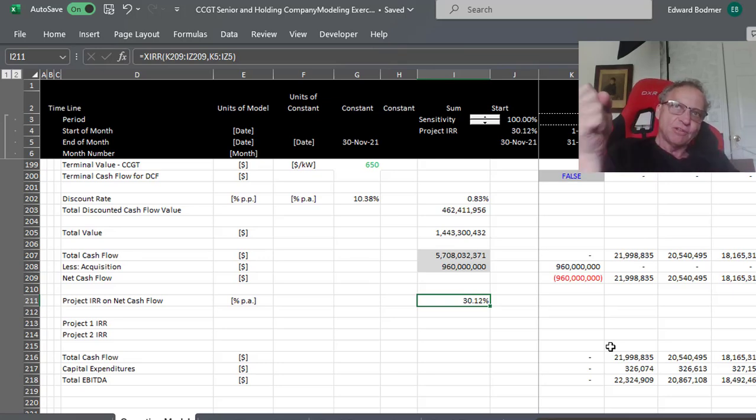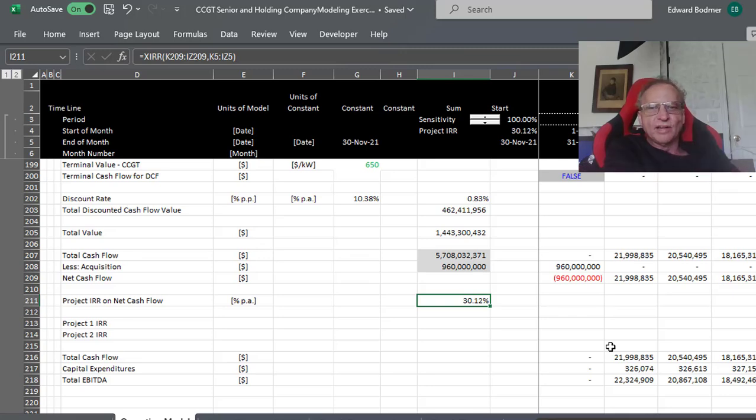And you ask if you have a viable model. If the project IRR was only 3% because those O&M expenses were so crazy, you say, this is not a viable investment. We could stop here because no matter what kind of debt we put in, we're never going to pay off the debt, essentially, especially if the gearing or the leverage is high.